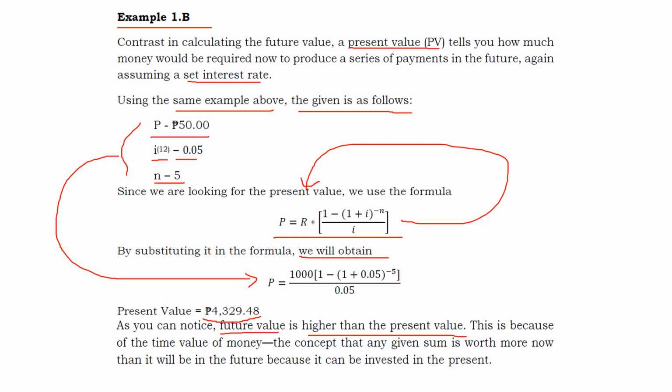So in short, if we summarize the concept, your future value is always higher than the present value. This is because of the time value of money, the concept that any given sum is worth more now than it will be in the future because it can be invested in the present. That's the only reason why your future value is higher than the present value all the time.